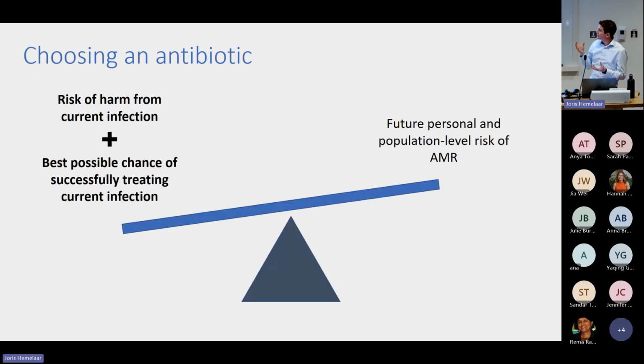We've got potential harm from the current infection, and we also want to have the best possible chance of treating people, but we're trying to balance that against the future risk of antimicrobial resistance, both in that individual patient and in the population as a whole. Because if we simply prioritize treating every patient in front of us as effectively as possible, the trouble is that it may accelerate the process of antibiotic resistance and make things worse.